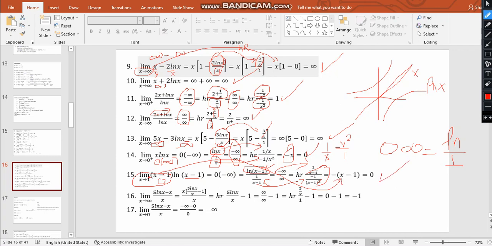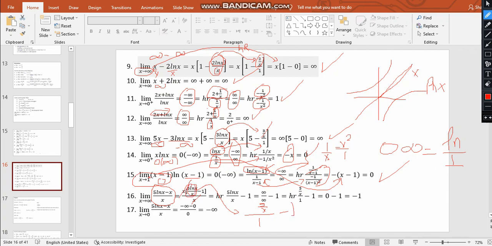Now here you have infinity minus infinity, over infinity. Up I have infinity minus infinity, I put x in factor. Here I have infinity over infinity, and x cancel out. Here I do L'Hospital's rule. So it will be 5 over x over derivative of x is 1, minus 1. Only I do here L'Hospital's rule.